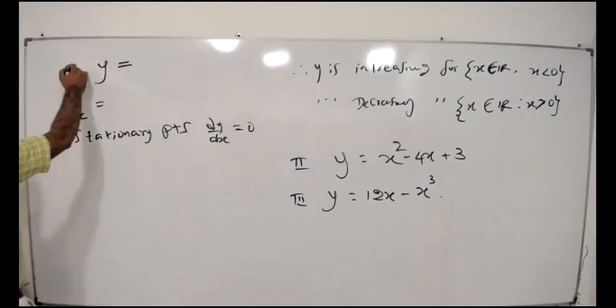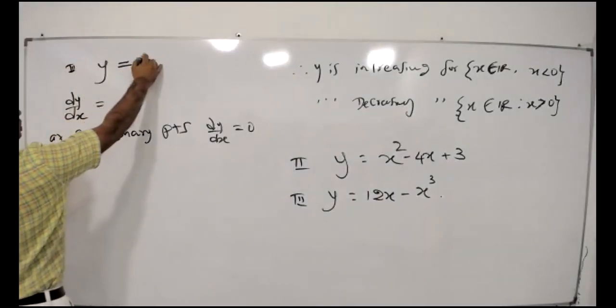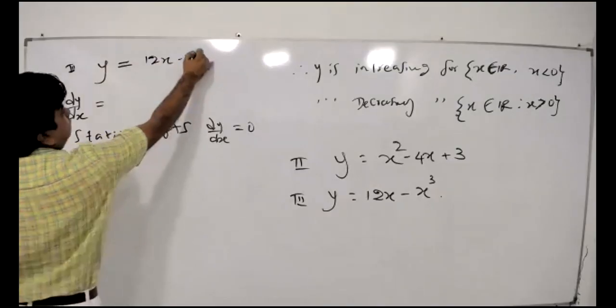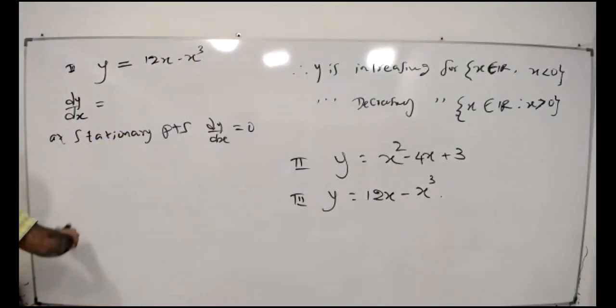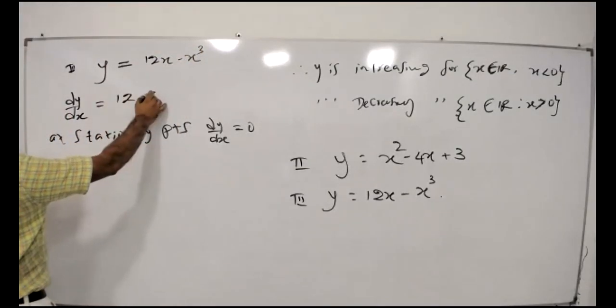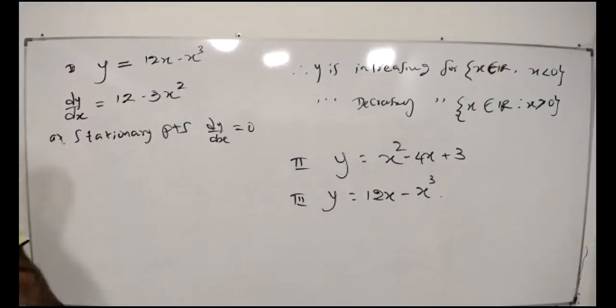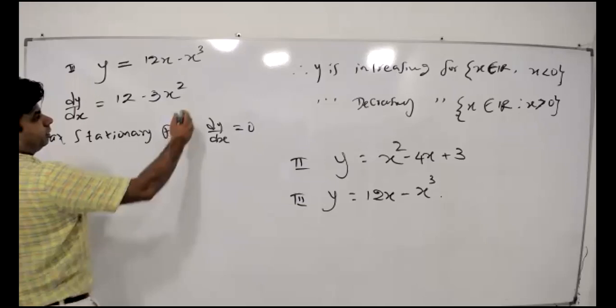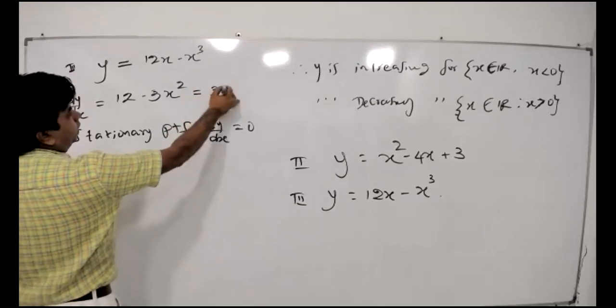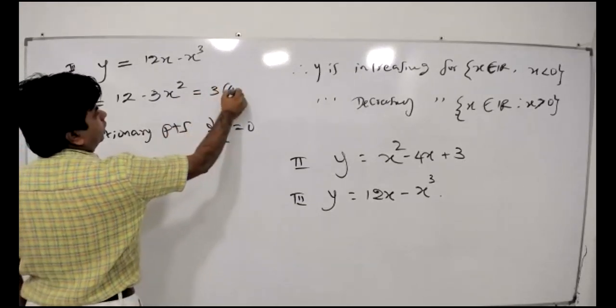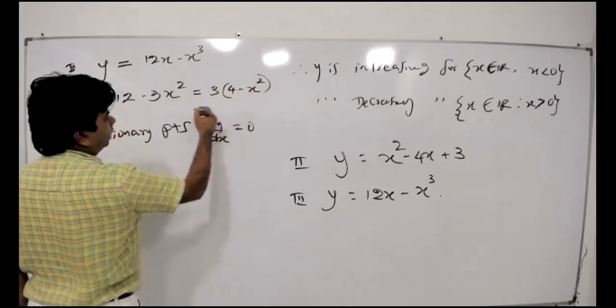If I go to the third example, y equals 12x minus x cubed. Then when you get dy by dx, you will have 12 minus 3x squared. Better to write it as 3 into 4 minus x squared.